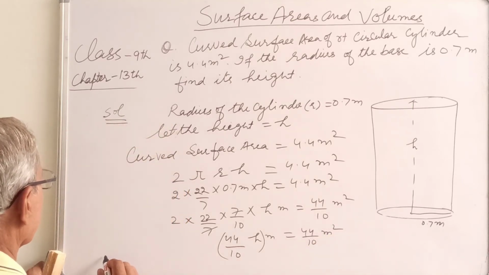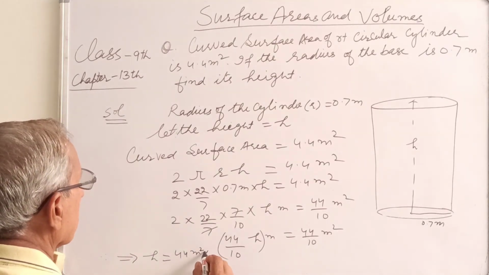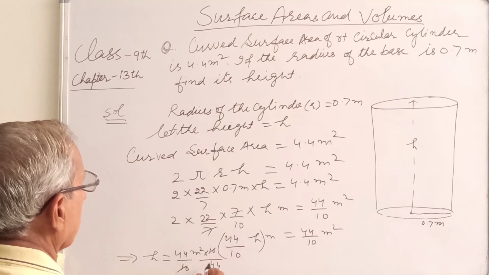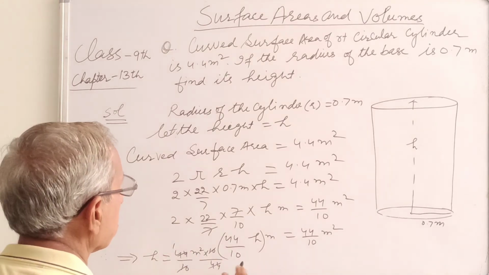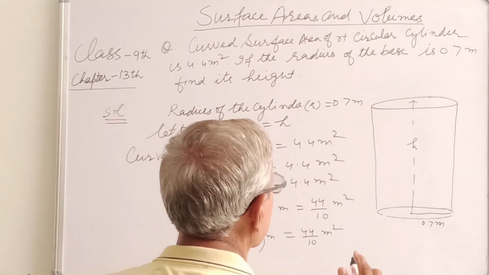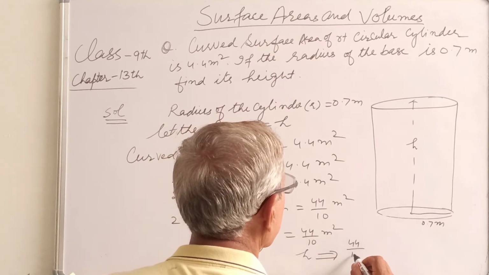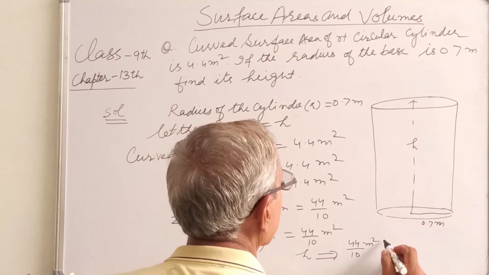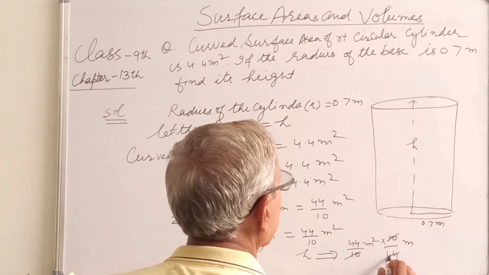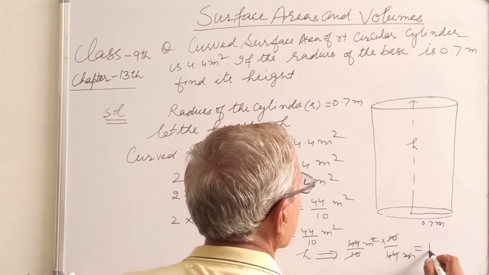Therefore, h will be 44 upon 10 meter square divided by 44 upon 10 meter, which is 1 meter.